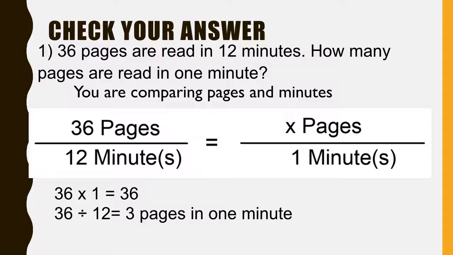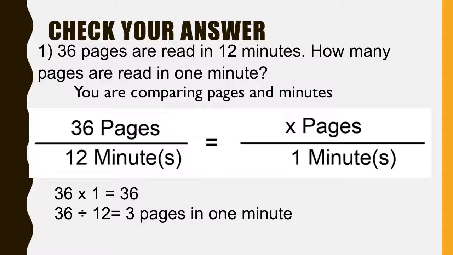So you're comparing pages and minutes. So we have 36 pages over 12 minutes, and x pages over 1 minute, because it says how many pages, so the x goes with the pages. Then we have to cross multiply 36 times 1.